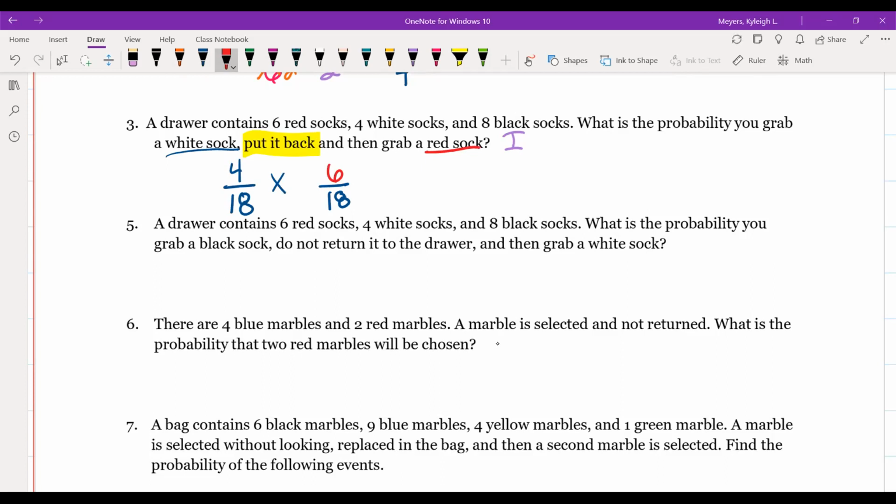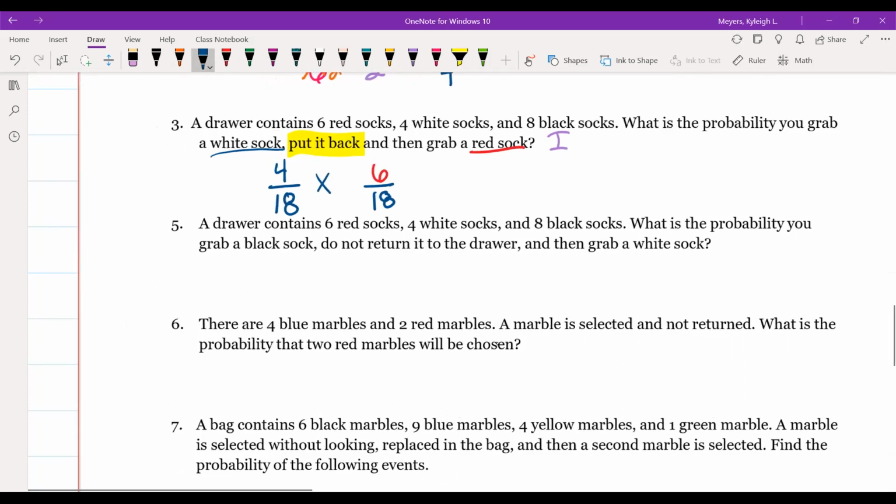So let's simplify these probabilities first. 4/18 can be simplified to 2/9. 6/18 simplifies to 1/3. Okay, so let's multiply those. 2 times 1 is 2. 9 times 3 is 27. So you should get 2/27 as your answer.